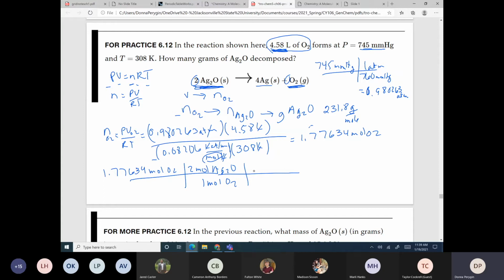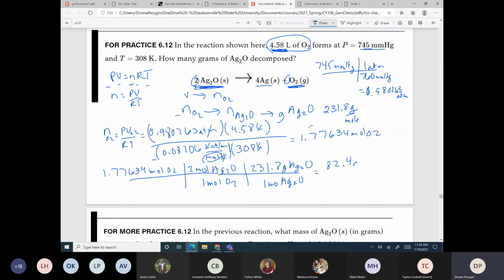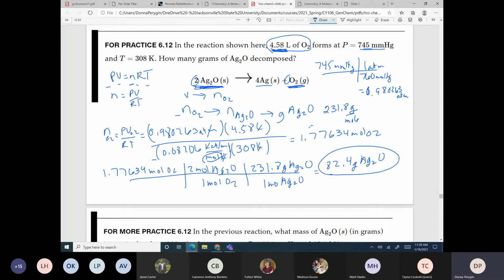And then we can use the molecular weight and just go straight through. 231.8 grams of Ag2O to 1 mole of Ag2O equals 82.4 grams of Ag2O. Okay, so that's how many grams reacted to give us our oxygen.